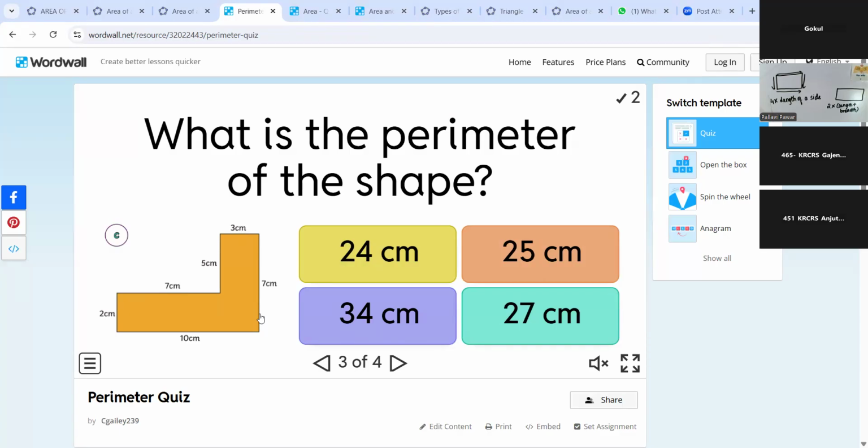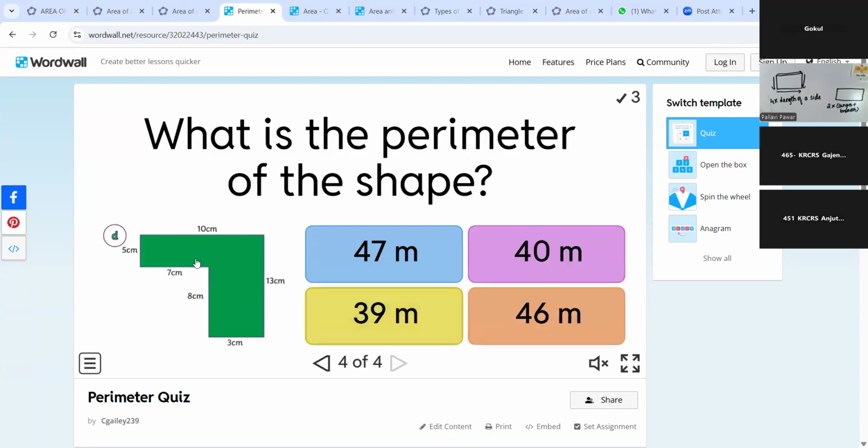It adds to, yes, it adds to 34 centimeter. Yes. Next one. So it is 5 centimeter, 7 centimeter, 8 centimeter, 3 centimeter, 13 centimeter, and 10 centimeter. Now tell me what might be the answer.